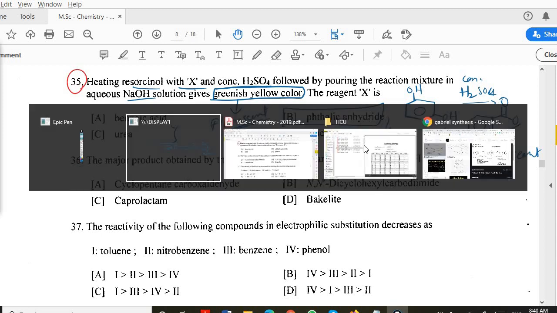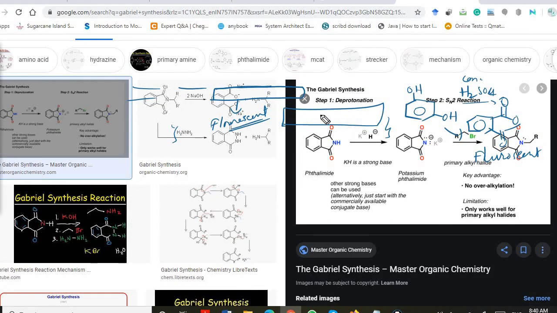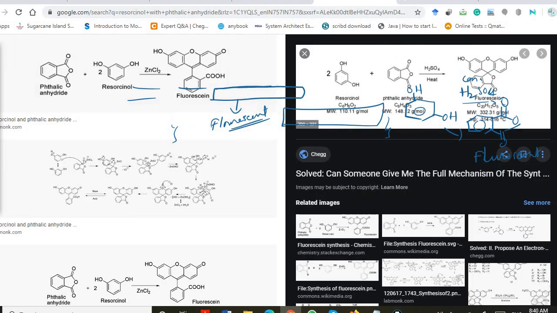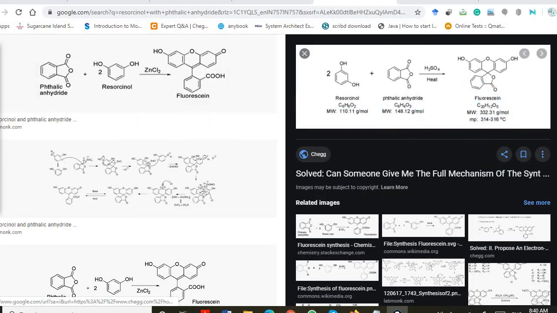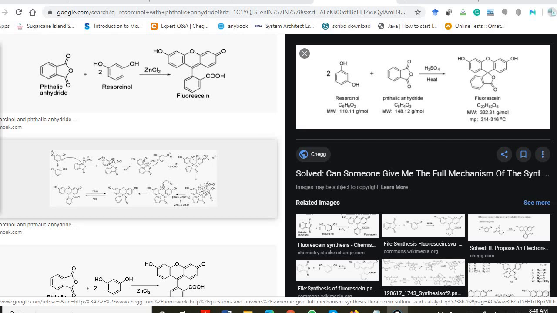Here I can show the reaction. So 2 moles of resorcinol are used with the phthalic anhydride, which will convert into the fluorescein.